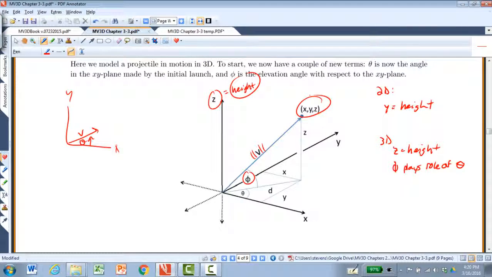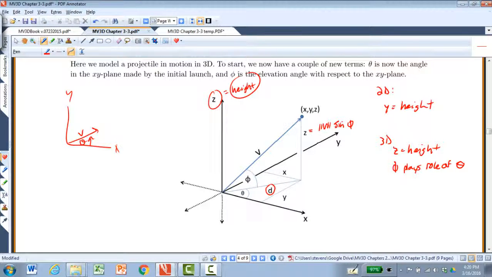And so it's pretty easy to spot through a little bit of triangle trig that this value of z, through triangle trig on this triangle, z is just equal to the size of v, the length of this hypotenuse, times the sine of phi. And so the next thing I want to look at is this d.